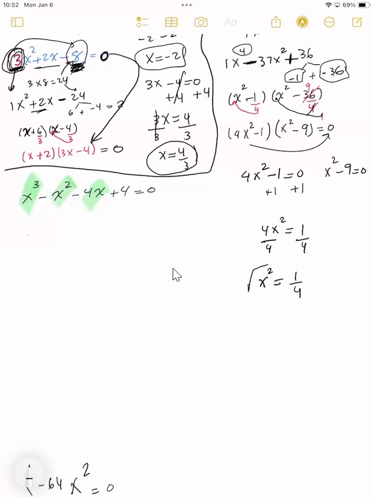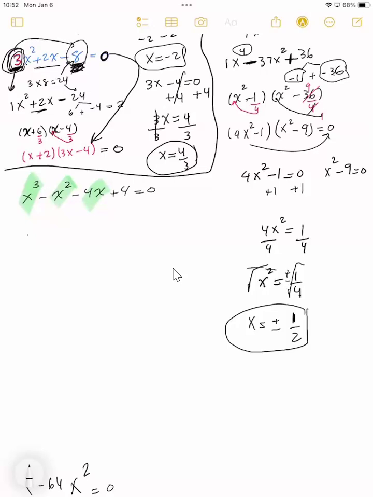I put a square root here and a square root here. The side that has a number, you put a positive and a negative. The square root and the 2 cancel each other, you get x. The square root of 1 is 1. The square root of 4 is 2. So the square root of 1/4 is 1/2. So you get positive and negative 1/2.